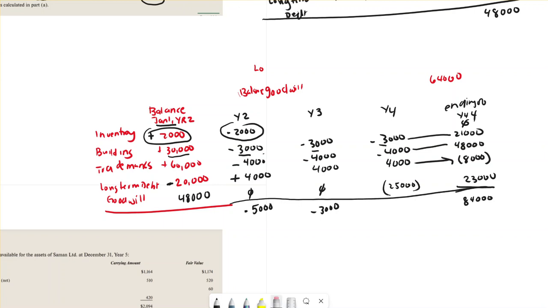How did I get the 25,000? The value of your goodwill was 48,000. I need an ending balance of 23,000. I needed to deduct the 25,000, and that's what they're doing. So I add, subtract, nothing is changed, but something is changed here, and something is changed at this point.